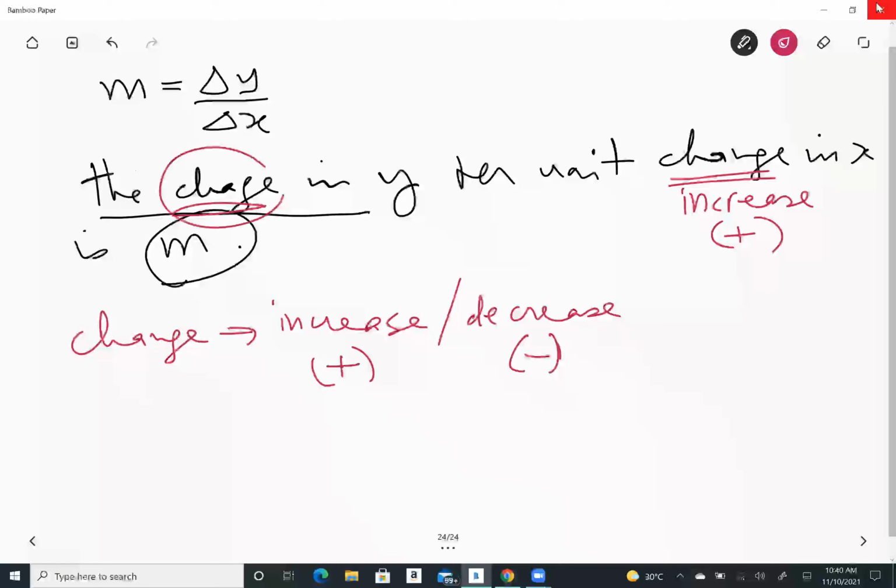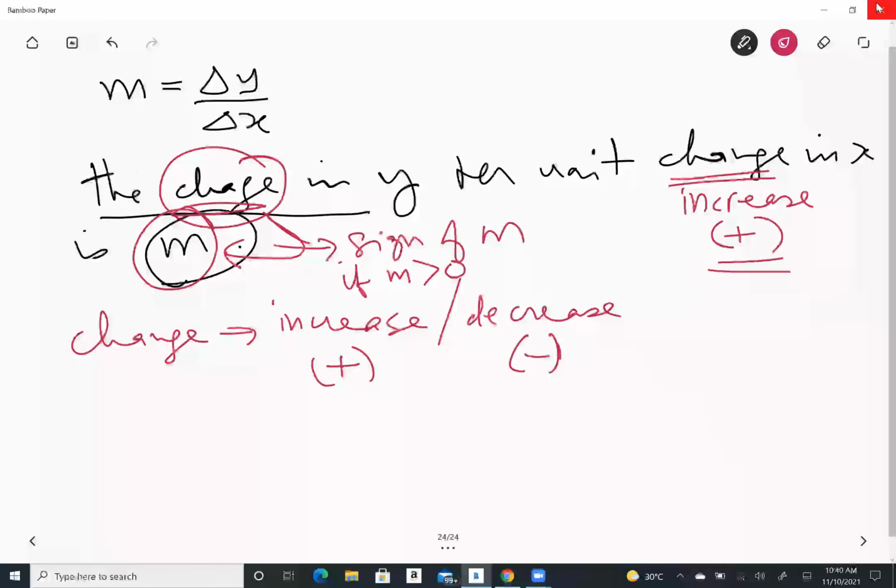The change in y here will be given by the sign of m. If m is positive, because we have a unit increase in x, how do you determine the change in y?